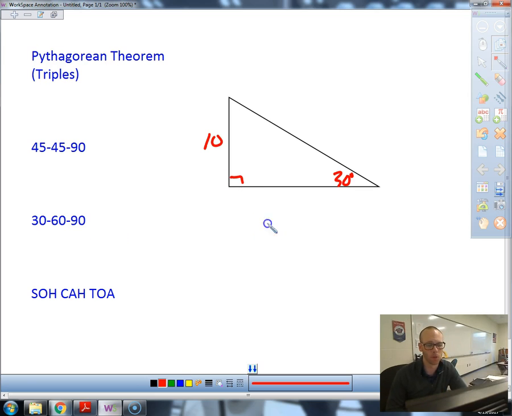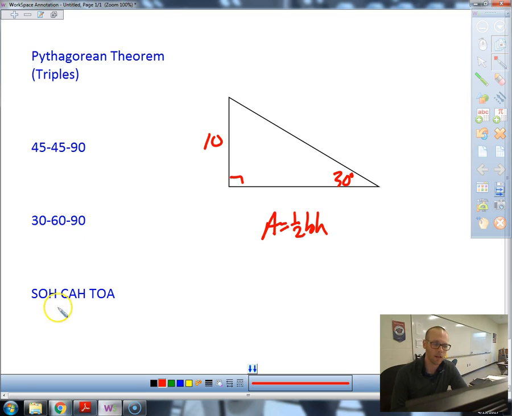Well, the area formula, 1/2 base times height. Well, I'm missing one of the dimensions that I need. If I think about this as my height, this would be my base. How am I going to solve for this? What information do I have? Well, can I use the Pythagorean theorem? No, I need to know two side lengths to use the Pythagorean theorem. Is it a 45-45-90? Nope. Is it a 30-60-90?